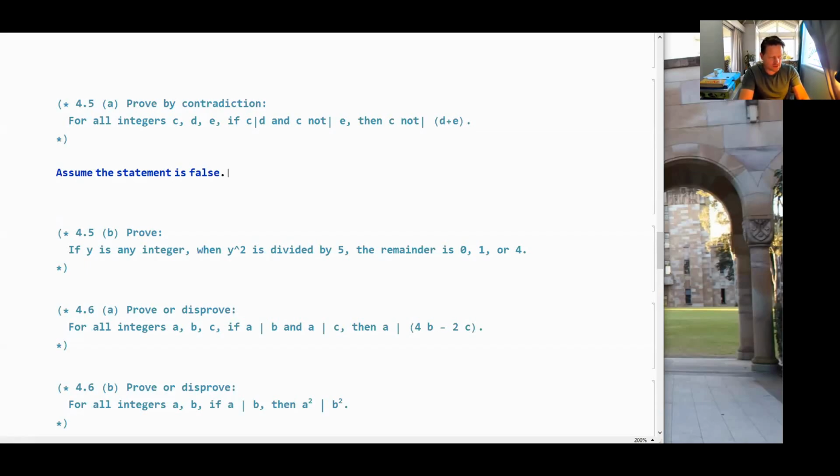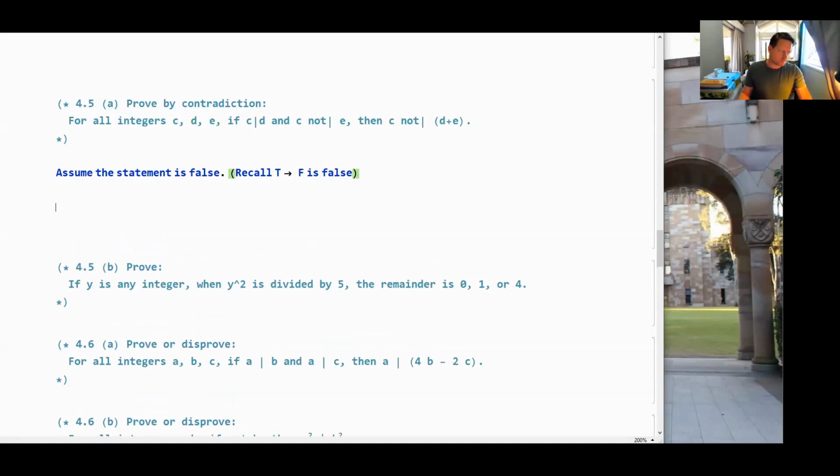So I'll put in brackets, note to self, recall T implies F is false. So this is what we're assuming, that the statement is false. We're assuming that we have a T implies F, and we hope to find that that leads to an absurdity, and so this assumption cannot be true.